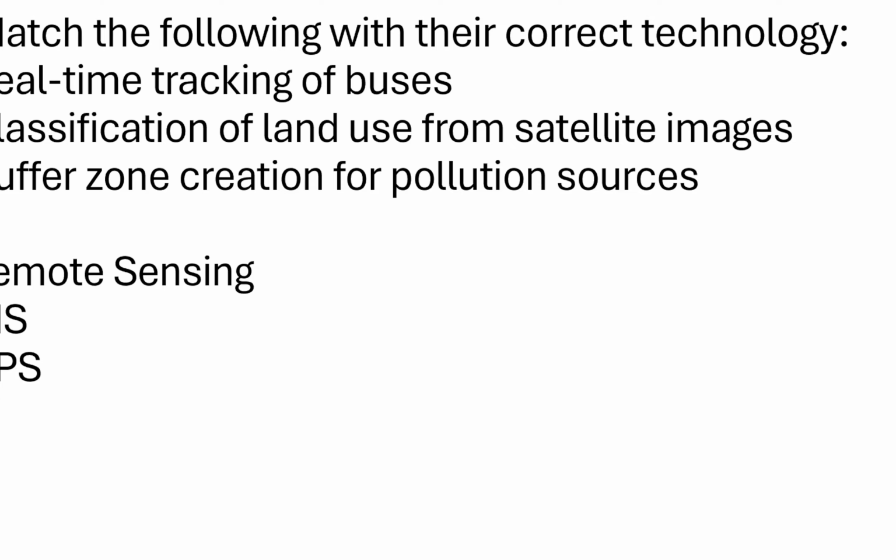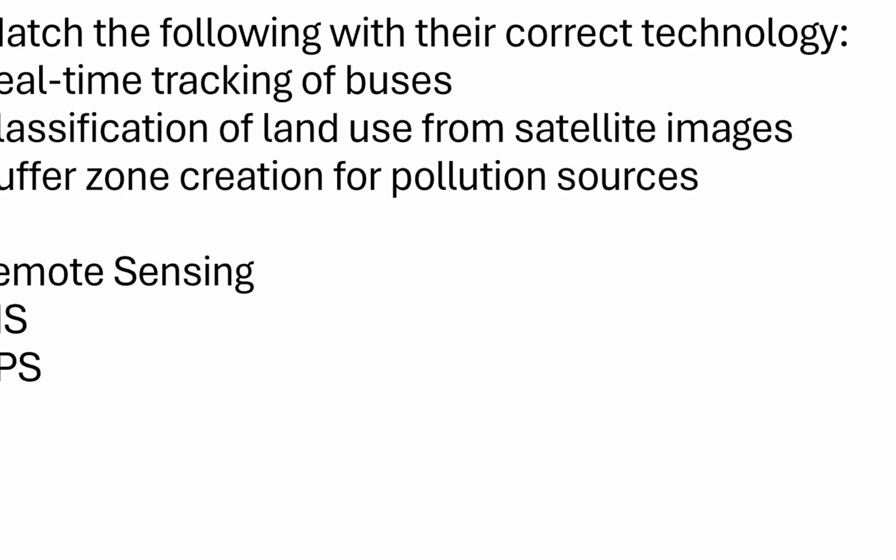So now I have a question. Here you have to match with the correct technology. I have provided simple definitions of these terms, which are remote sensing, GIS, and GPS. In the chat box, you can write which one of these A is related to, which one B is related to, and which one C is related to.